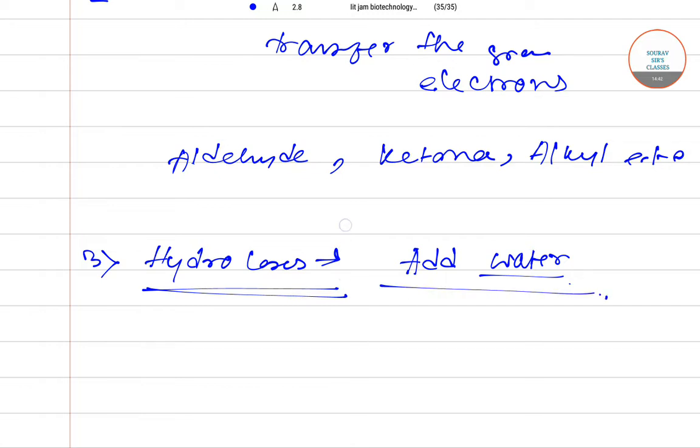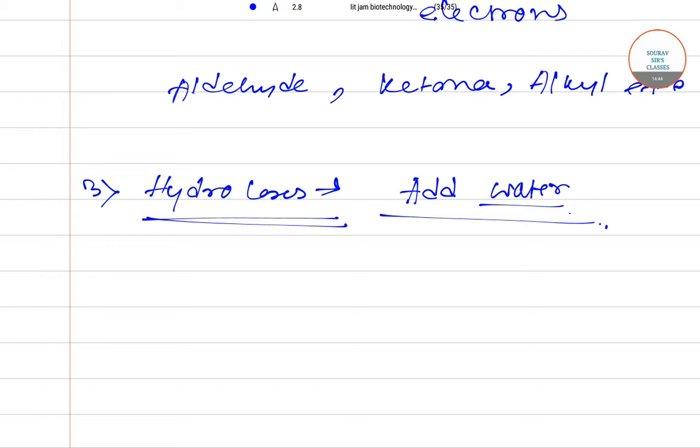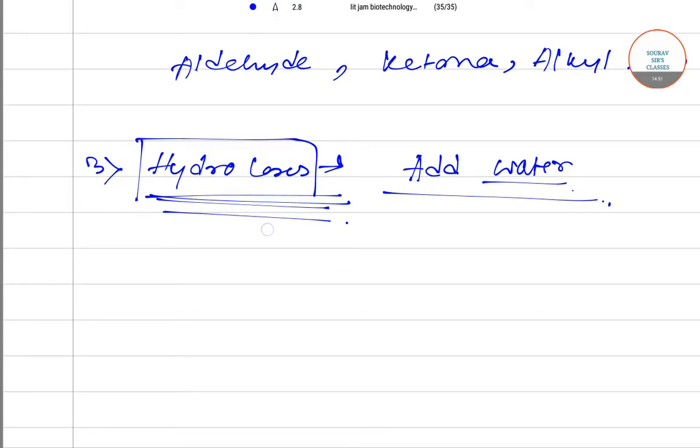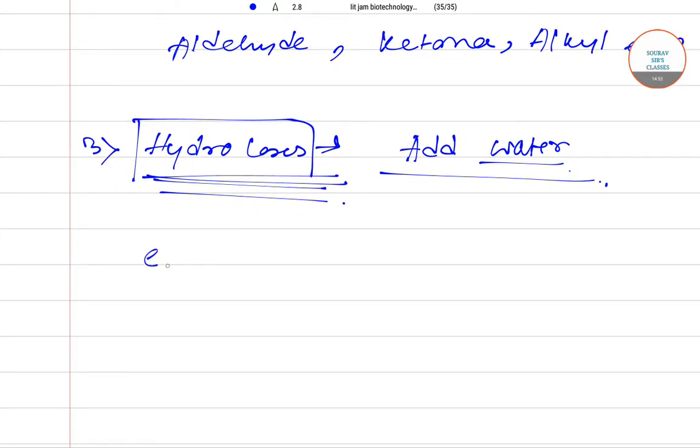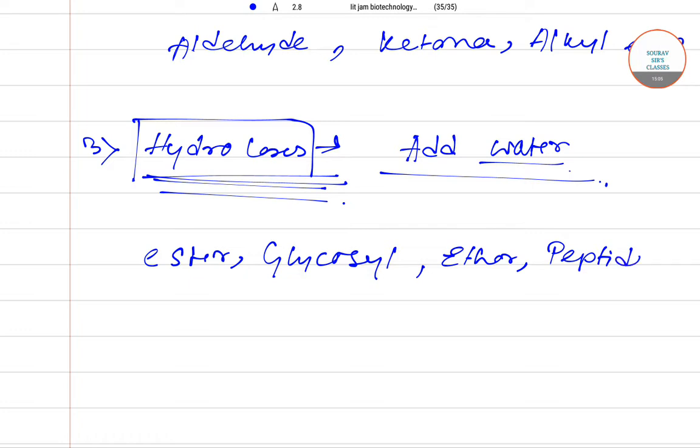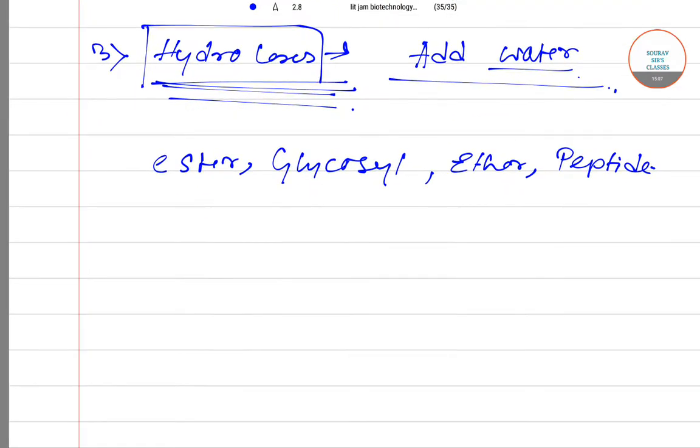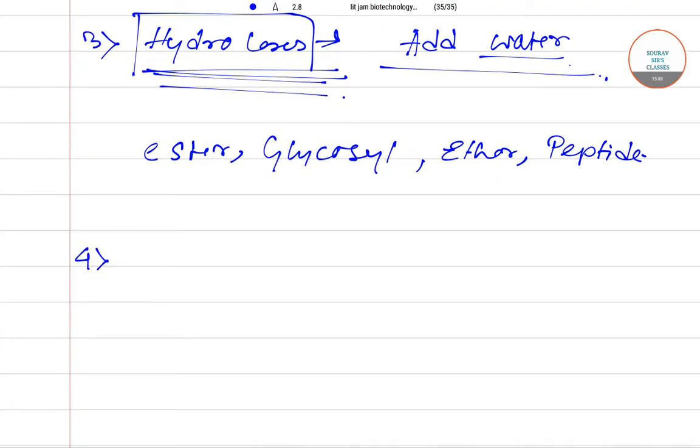The transfer of the functional group to water is the enzymatic activity done by the hydrolases. The substrates include ester, glycosyl, ether, peptide, etc.